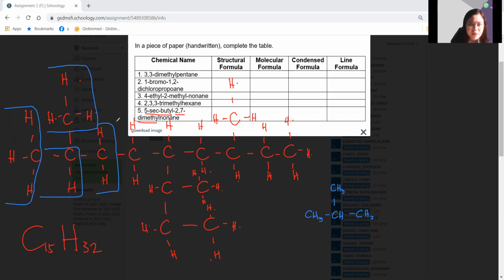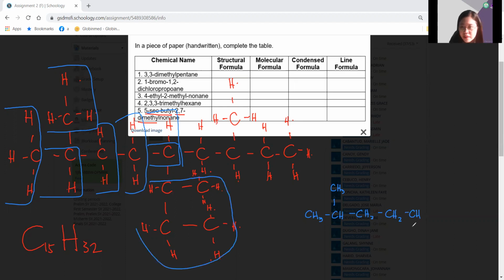And then we have the CH2. This one is a CH, sorry, it should be included. This is a CH, but sa baba, meron tayong substituent. Meron kang CH, ito CH3, sa baba CH2, and ito is CH3.